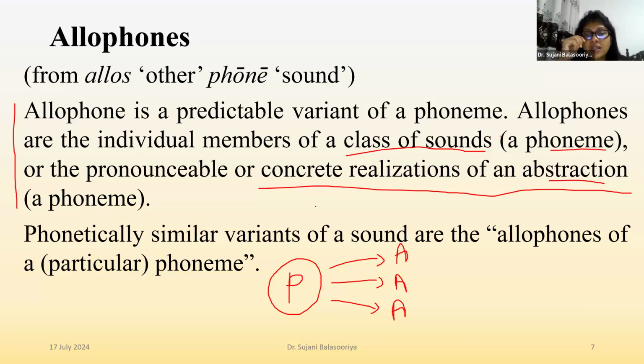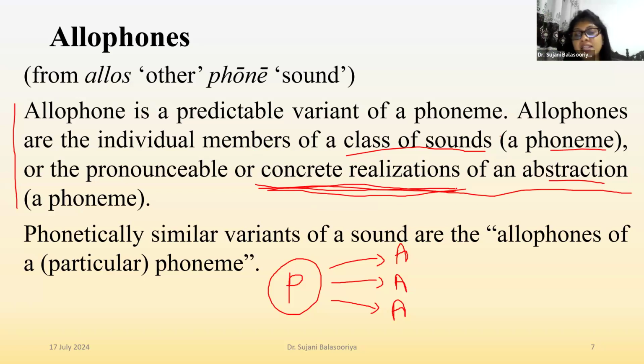So can you understand? B can be pronounced in different ways. These different pronunciations are concrete realizations. Concrete realization means pronunciations that are different from each other.